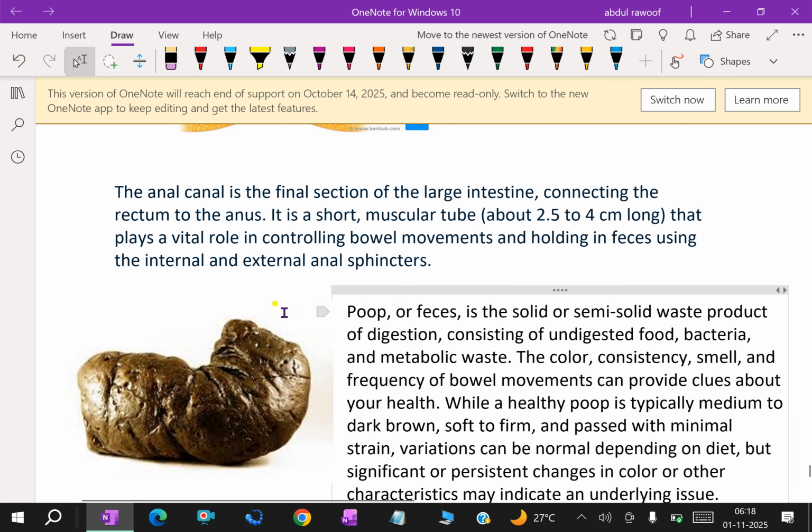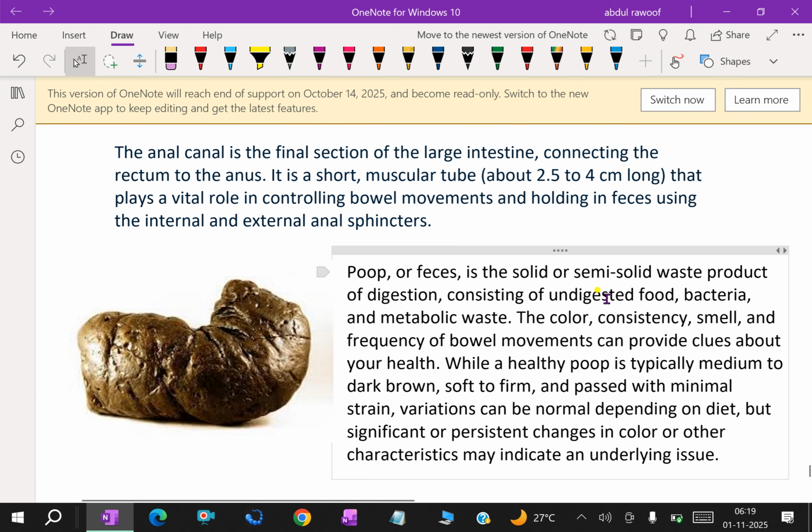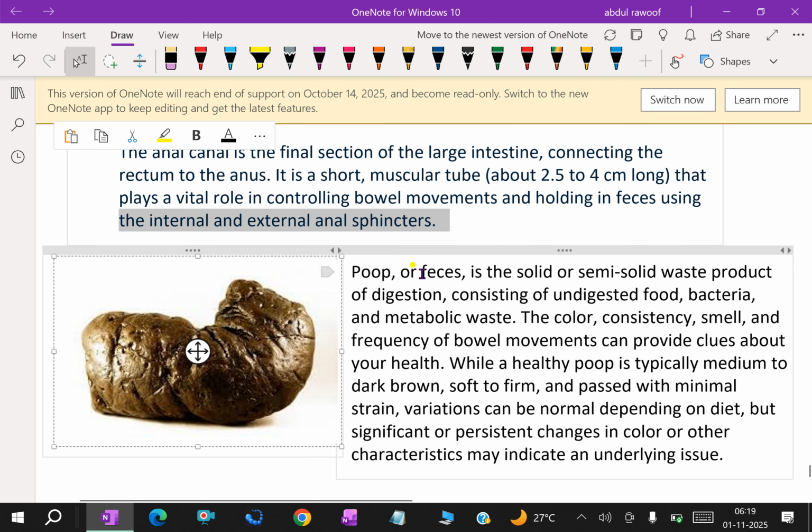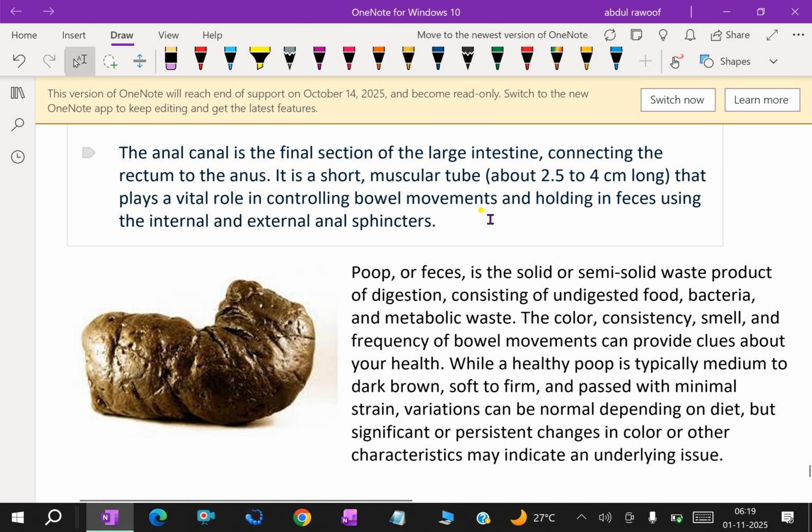What is poop? Poop, or feces, is a solid or semi-solid waste product of digestion consisting of undigested food, bacteria, and metabolic waste. The color, consistency, smell, and frequency of bowel movements can provide clues about your health.